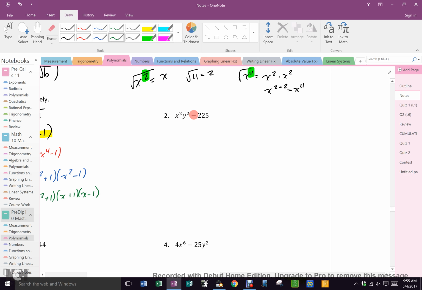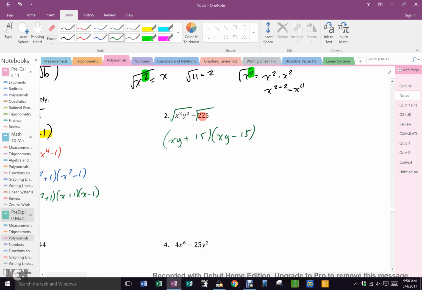Is this minus? Is 225 a perfect square? So can I do this? What's the square root of x squared y squared? xy. Plus, what's the square root of 225? 15. Then, xy minus 15. Does it work? X times x is x squared, y times y is y squared. 15 times 15, negative 225.